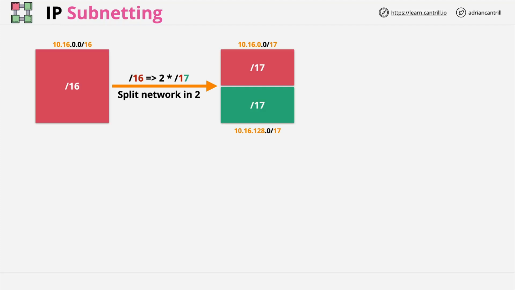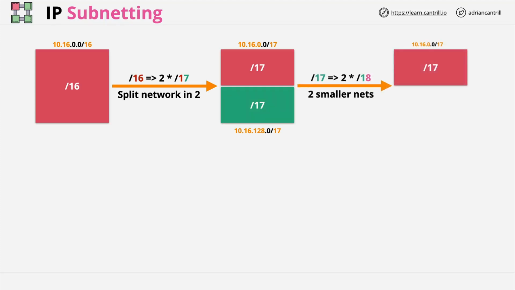Now we could follow the same process again if we needed more subnets. For now, we could keep the first /17 network at the top in red, but break the bottom one in green into two networks, so two /18 networks. The method would be the same, so the first subnetwork, so bottom left, would start at the starting point of the original bottom network, so 10.16.128.0.